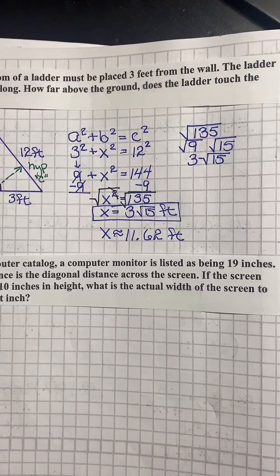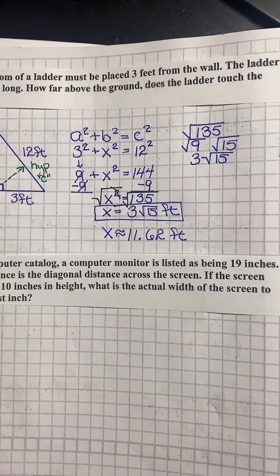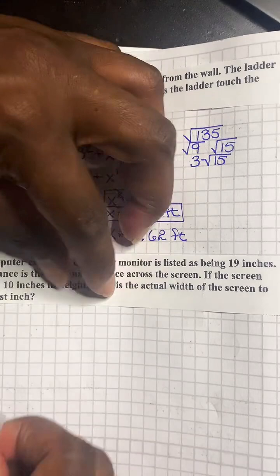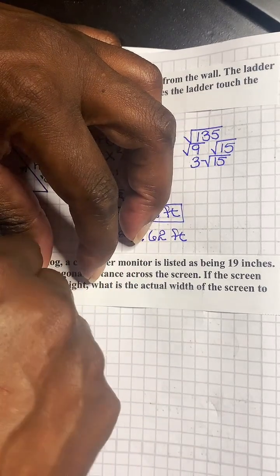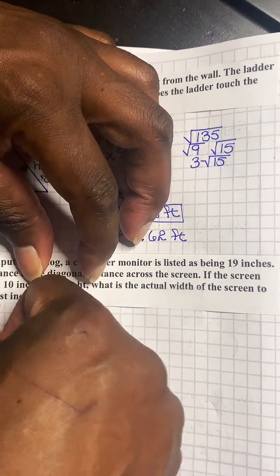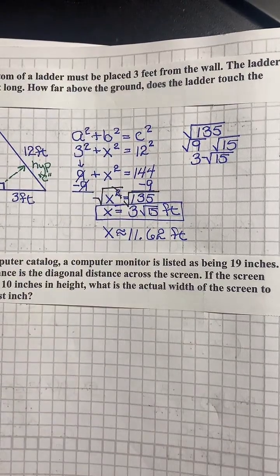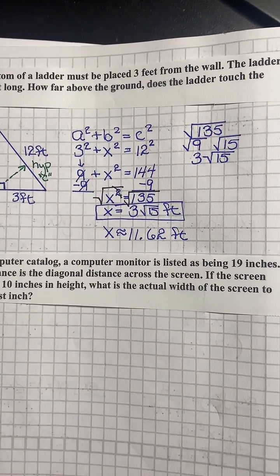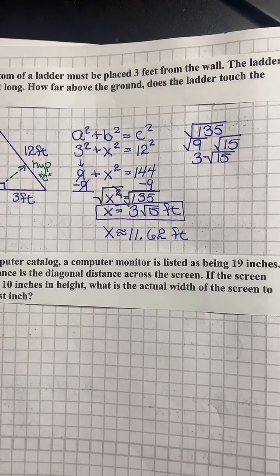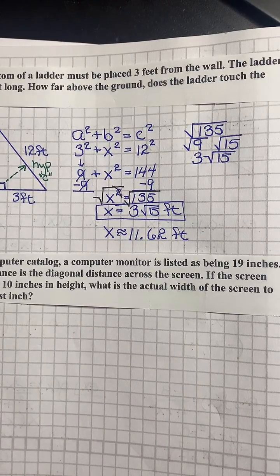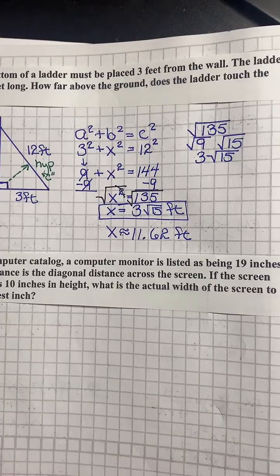Okay, 3 and 5. Now, is 3 or 5 a perfect square? No. Okay, thank you, Jordan. Okay, 3 and 5 are not perfect squares, so I can't.